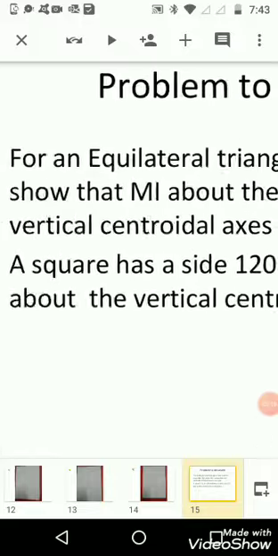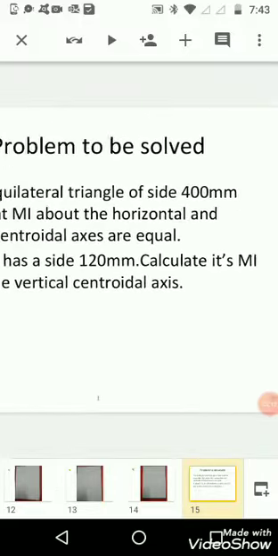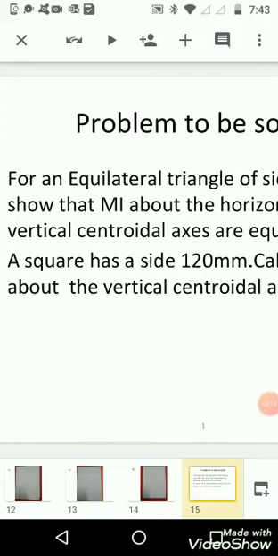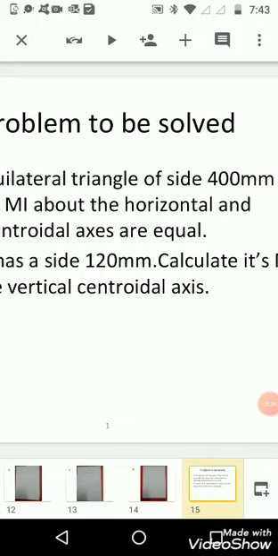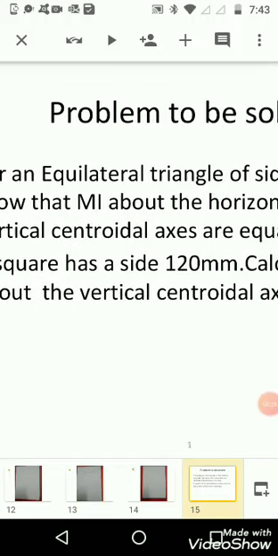Now these are the problems to be solved. You are supposed to solve these problems in the remaining time you have in this lecture, and in the next lecture I will tell you the answers. So what problem do we have?